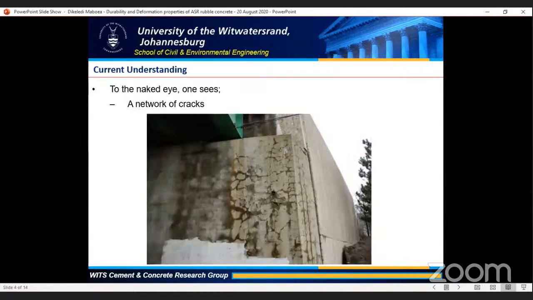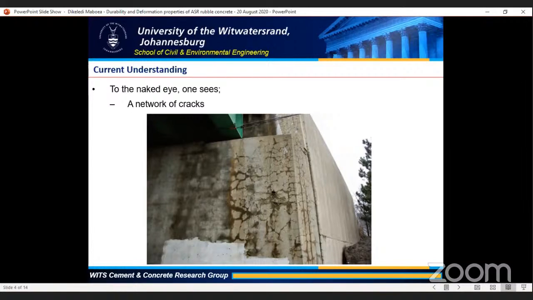Next thing. Oh, this is the wrong slide. Okay, so I just pressed the wrong slide. So there's a network of cracks. So this is one of the ways that you can pick up ASR. You can see a mapping or a network of cracks.